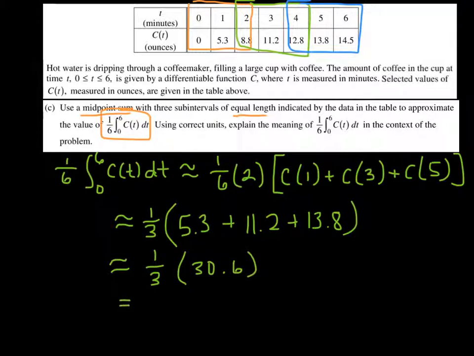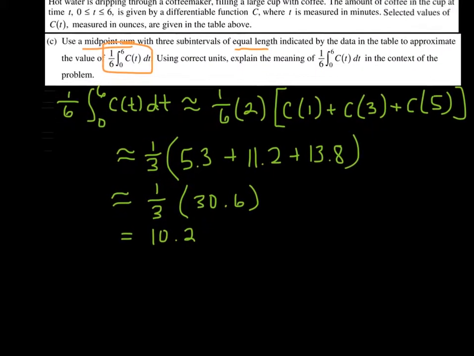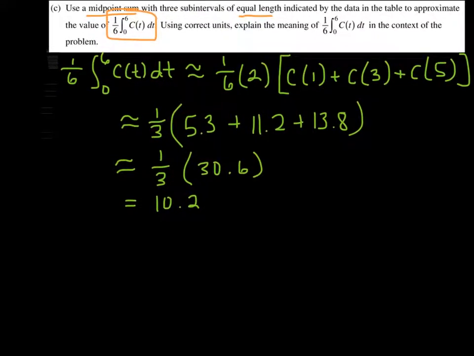And so 1/3 of 30.6, well, basically I'm dividing this all by 3, so it's 10.2. Okay, so that is my approximation for this value, 1/6 the integral from 0 to 6 of c of t dt. Now what I need to do is go ahead and explain the meaning of what I got in the context of the problem.